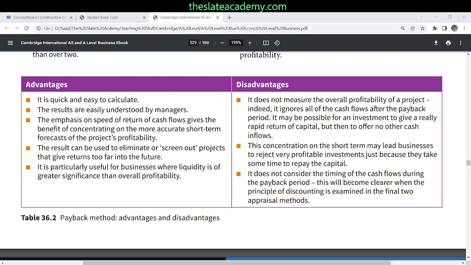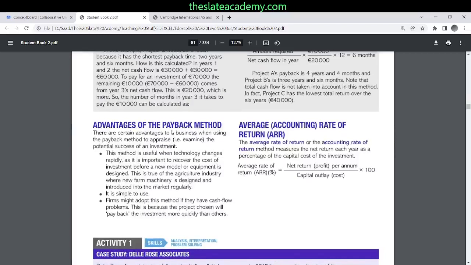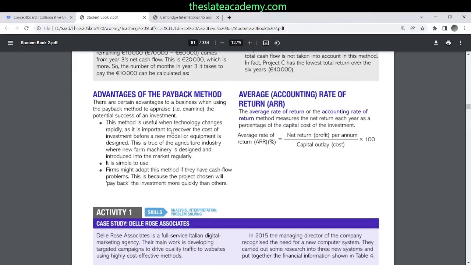Alright. Okay, the next technique that we have got is accounting rate of return. We calculate it with this formula: average rate of return, or accounting rate of return, is net profit per annum divided by capital outlay.